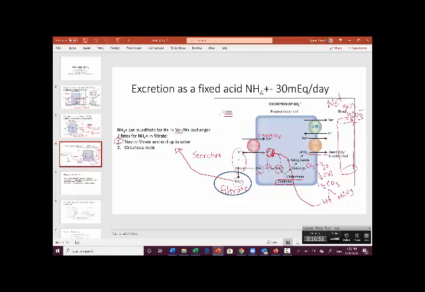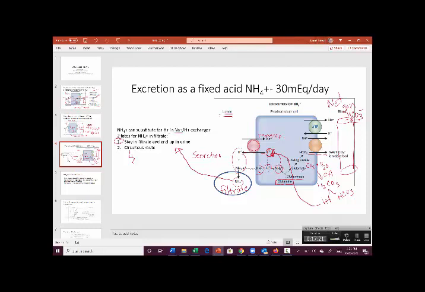But a second option that I will get to in 2 slides is this circuitous route. And we're going to see ammonium get converted to ammonia, be lipid soluble, change body fluid compartments, and then be converted back to ammonium. So that's part of what we mean by the circuitous route. It goes from ammonium to ammonia back to ammonium.